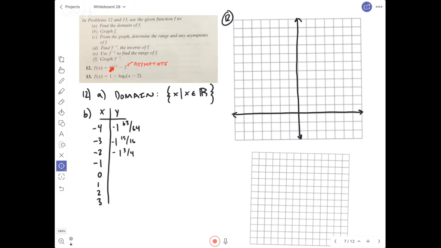Negative 1 plus 1 is 0. 4 to the 0 is 1. 1 minus 2 is negative 1. 0 plus 1 is 1. 4 to the first power is 4. 4 minus 2 is 2. 1 plus 1 is 2. 4 squared is 16, minus 2 is 14. I think I'm already going to be off the graph at 14, so I won't do 2 or 3.